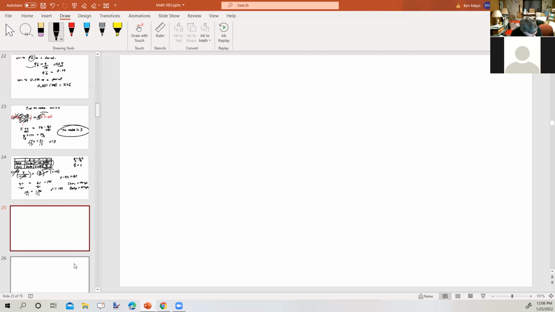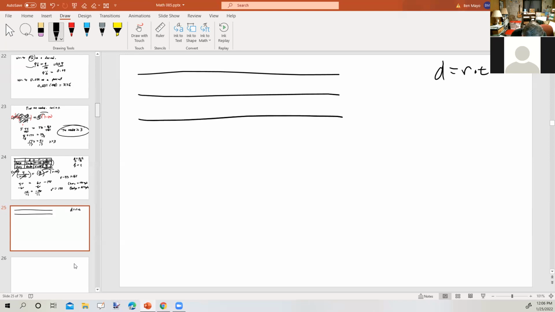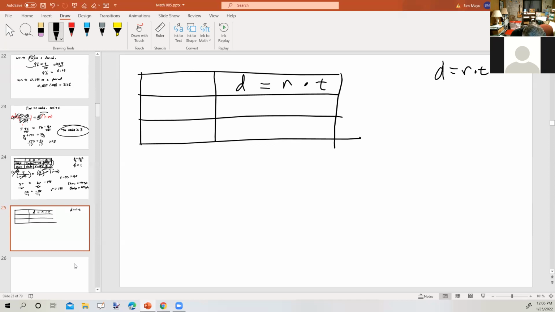Okay, we've got miles per hour, we've got distance, and we've got time. So distance equals rate times time. All right, let's see here. It starts with downstream. So downstream, upstream.